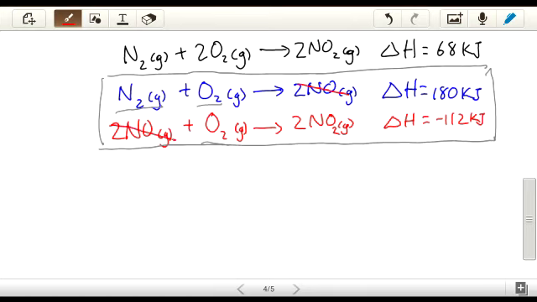And then after all of that, you can just add your 2 equations. So that will look like that. Oh, and just a reminder, even though you cross out your 2NO, it doesn't change your heat enthalpy, because you're adding them and they just cross out.